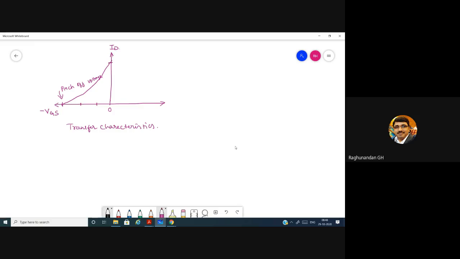But unlike our JFET, we have one more characteristic here. In JFET, we were just controlling the flow by increasing or decreasing the depletion layer. But by giving a positive voltage, was there any chance of increasing the drain current there?